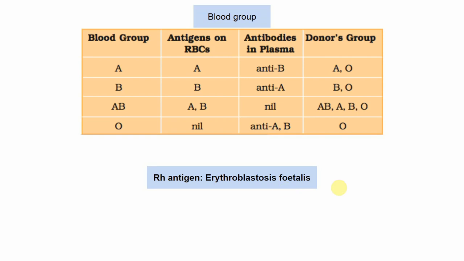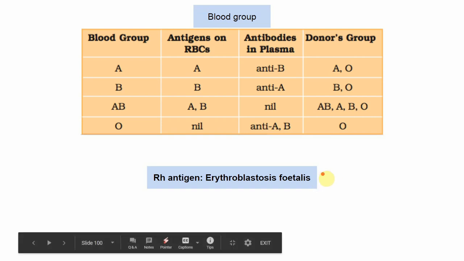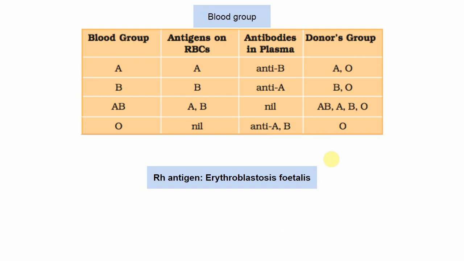So when a woman with Rh negative marries an Rh positive person, during her pregnancy, the fetus that is developing is actually Rh positive. So what happens is that as the mother is Rh negative, but the developing fetus is Rh positive, when there is an exposure of the fetus's blood to the mother's blood, immediately there is an immune response and antibodies are produced against the fetus's blood, because the fetus blood is having Rh antigen, and this antigen is considered a foreign body.